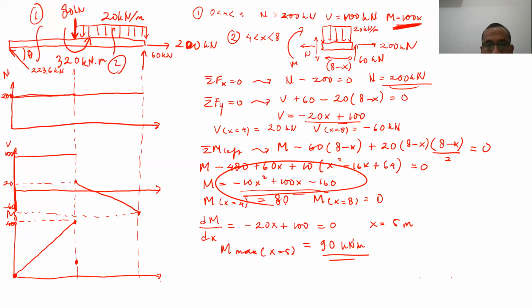Okay, then it follows this particular quadratic equation, minus 10x squared plus 100x minus 160. Okay, and it peaks at x equal to 5. Okay, it peaks here at x equal to 5, and then it's going down.